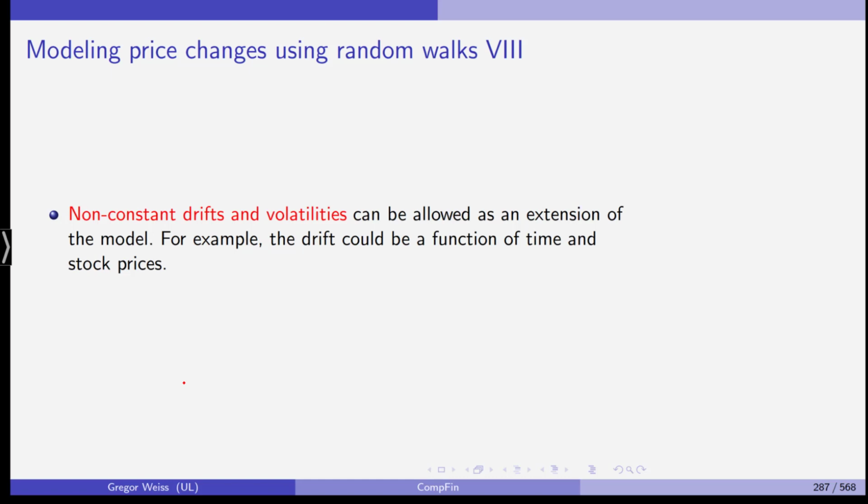Then you can also add non-constant drifts and volatilities as an extension of the model, and the drift could be a function of time and stock prices. Then, for example, we have not only mu as a constant, but mu of, let's say, St and t. This would be a non-constant drift, same with volatility. We could also say volatility.